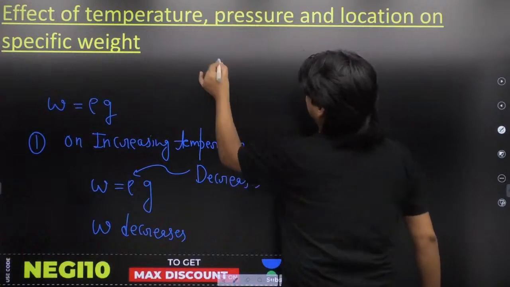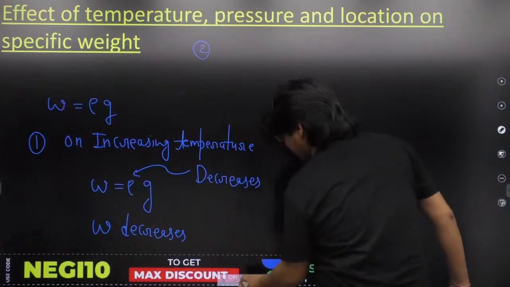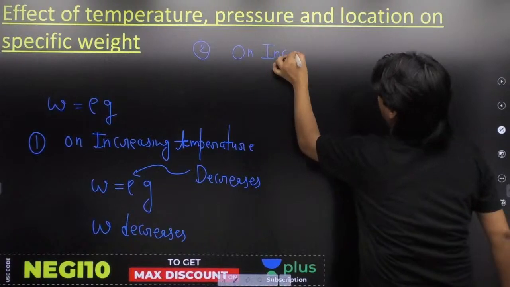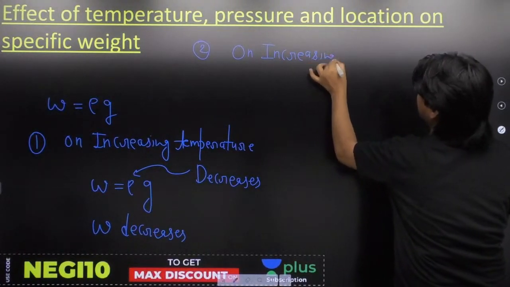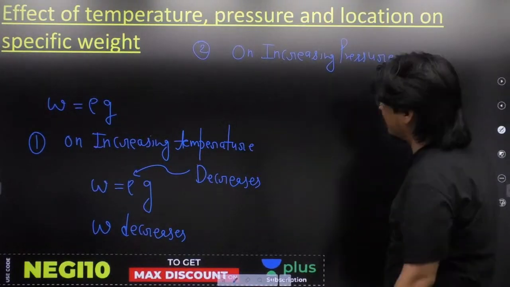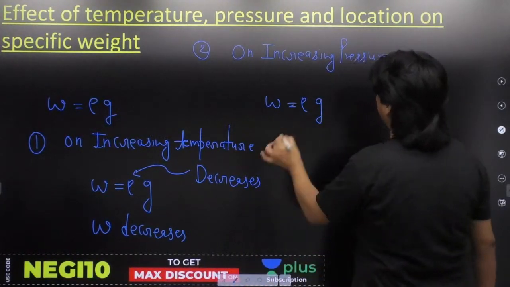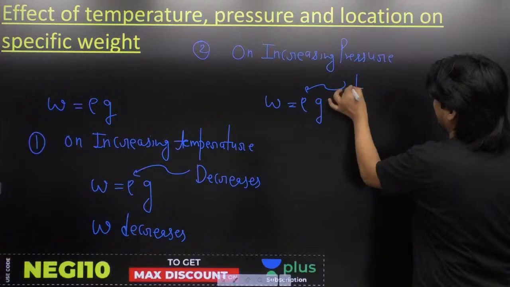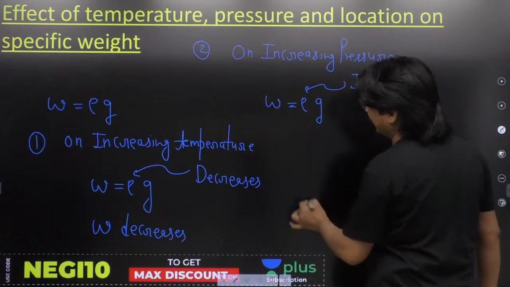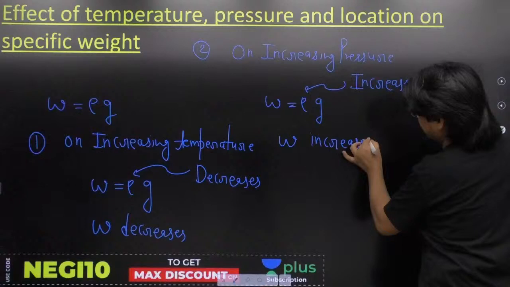Second point: on increasing pressure, what will happen? Specific weight is equal to rho into G. Of course G will not change, but if I increase the pressure, rho increases, density increases, and if density increases, specific weight also increases, there is no doubt.